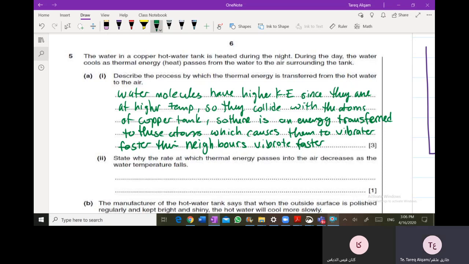Okay, so the heat will transfer to the outside.